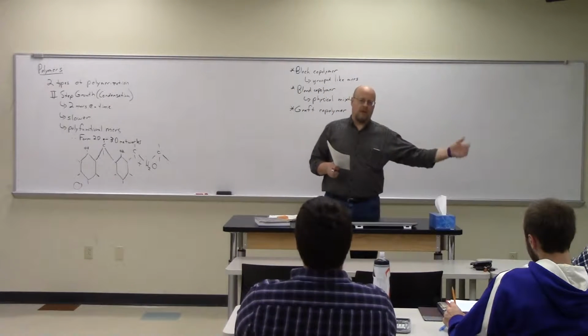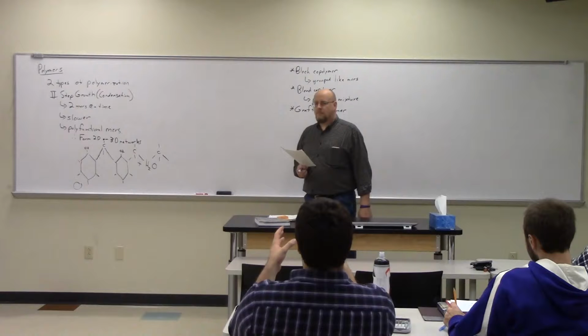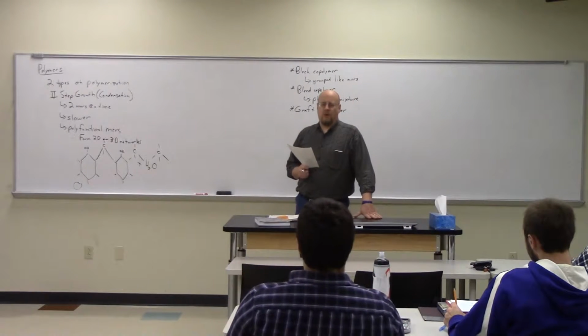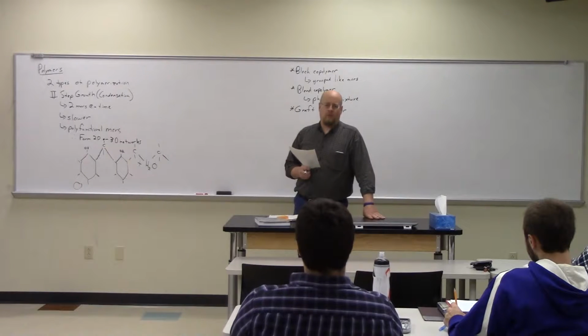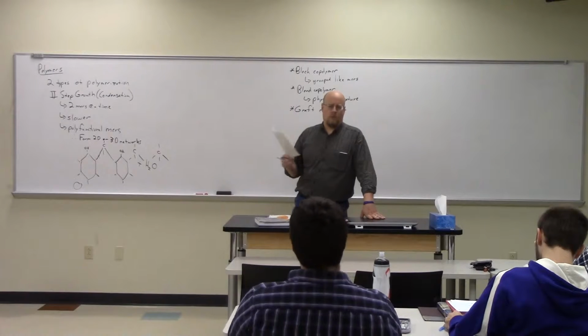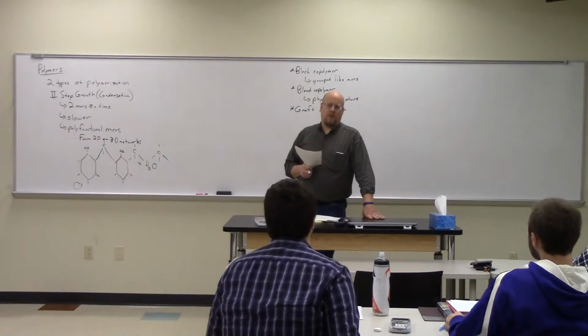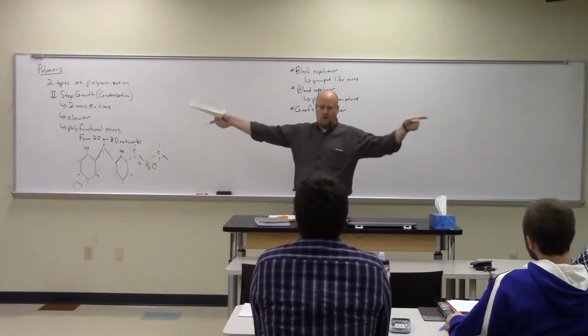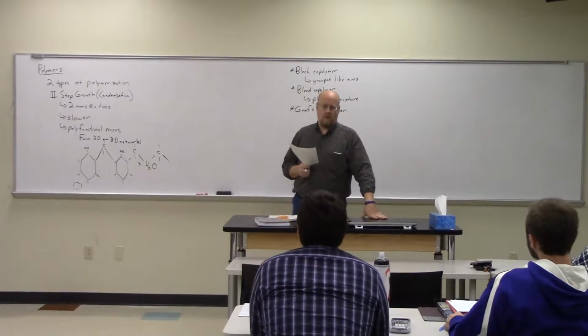A bifunctional mer will almost always form by a chain growth mechanism, because the only time it would not is if there were some other mitigating factor that forced it to form three-dimensionally. But generally speaking, with bifunctional mers, one activity point here, one activity point here, you're going to form a line in that direction.